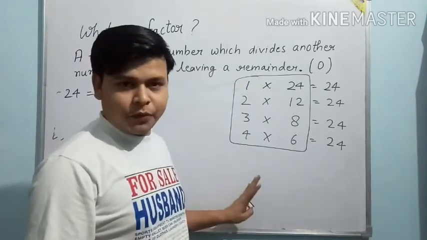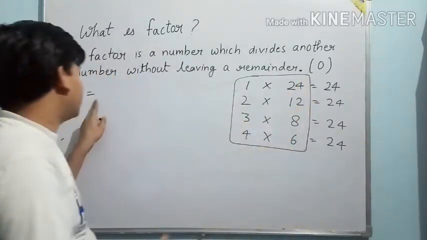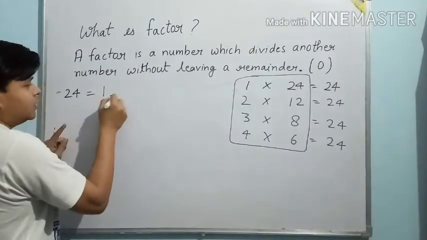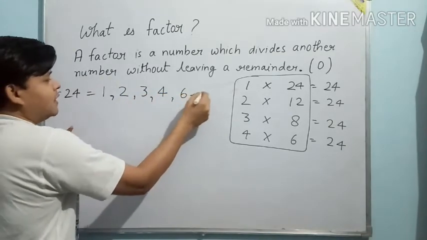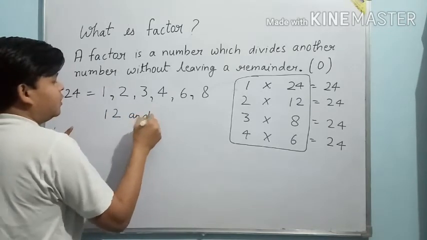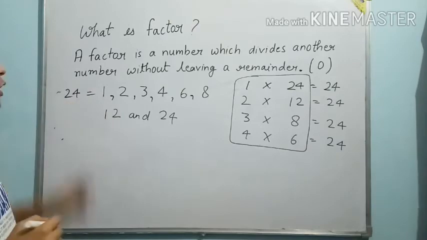We will stop here. These are the factors of 24. Let's write these numbers in increasing order: 1, 2, 3, 4, 6, 8, 12, and 24. So these are the factors of 24.